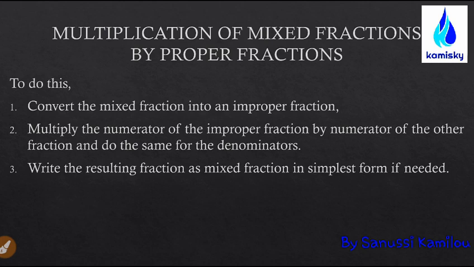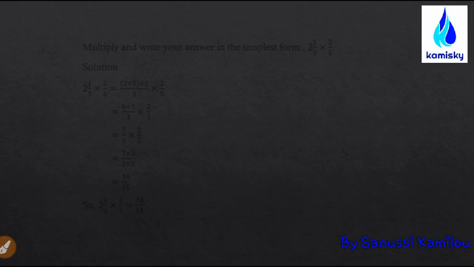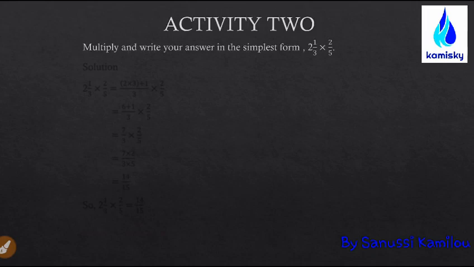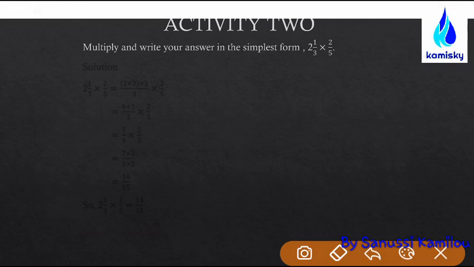So now let's look at activity 2. That will help us understand this well. Multiply and write your answer in the simplest form. 2 1/3 times 2/5. So this time around we have a mixed fraction by a proper fraction.